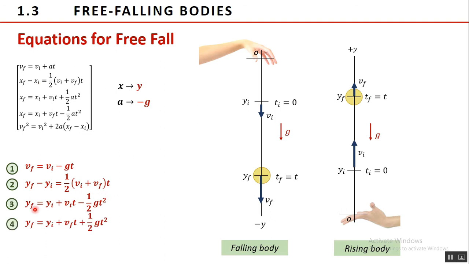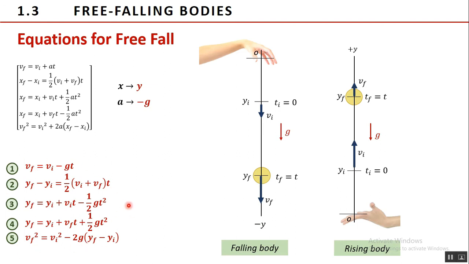For the third equation, y sub f equals y sub i plus v sub i t minus 1/2 g t squared. The fourth equation is y sub f equals y sub i plus v sub f t plus 1/2 g t squared. And for the fifth equation, v sub f squared equals v sub i squared minus 2g multiplied by the quantity y sub f minus y sub i. These are the 5 kinematic equations for free fall.